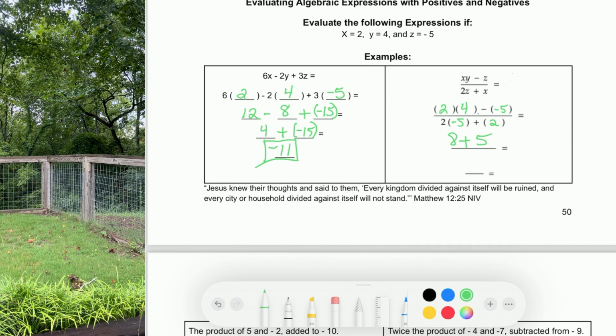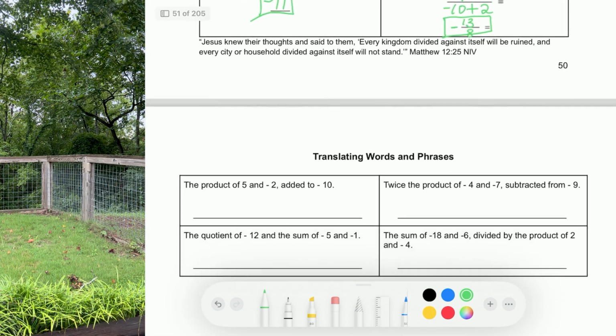All right, in the bottom, I have 2 times negative 5, which is a negative 10, and then keep the plus 2. All right, 8 plus 5 is 13, and then negative 2 plus 2, they're different signs, so take the difference, which is 8. Keep the sign of the larger. So our fraction is negative 13 over 8.